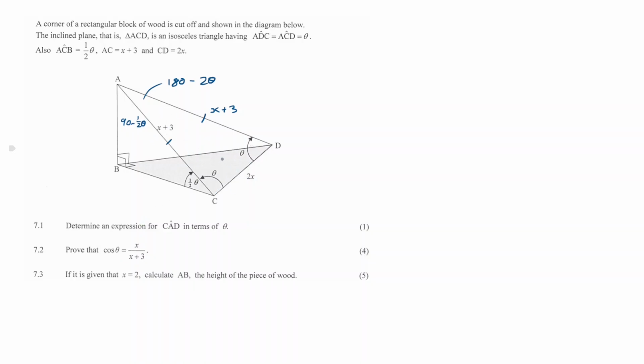And so if I was doing it, I would maybe put sine 180 minus 2 theta over its opposite side, which is 2x. And that would be equal to sine, let's say here, theta over x plus 3. Sine 180 minus is in the second quadrant, so this just becomes sine 2 theta.